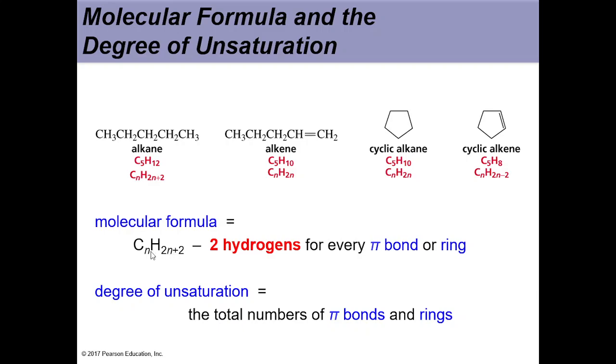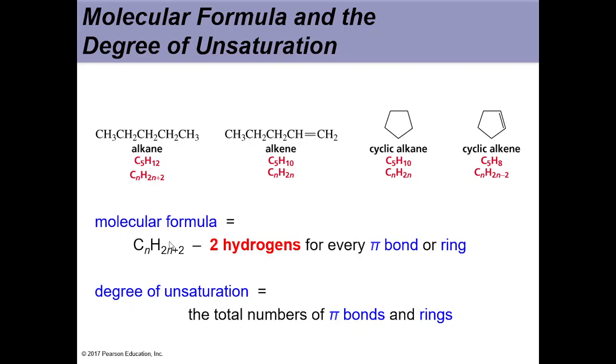For example, if you have 1 carbon, when n equals 1, the number of hydrogens will be 2 times 1 plus 2, which is 4. And when n equals 2, the saturated hydrocarbon would have 2 times 2 plus 2 equals 6 hydrogens.